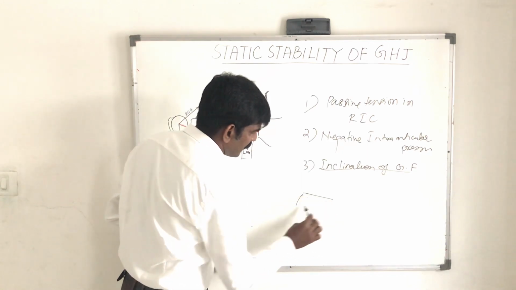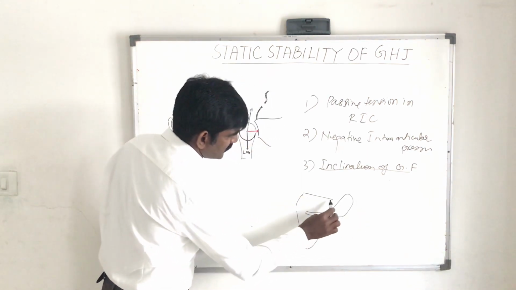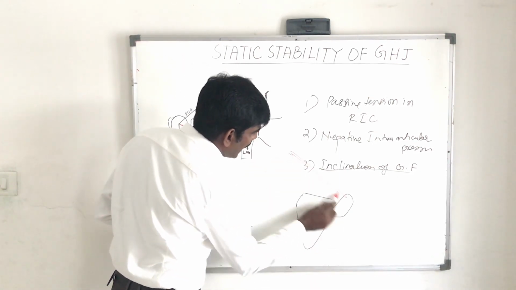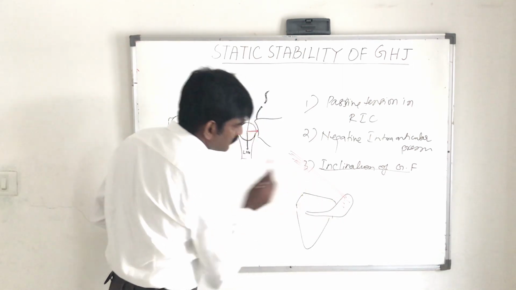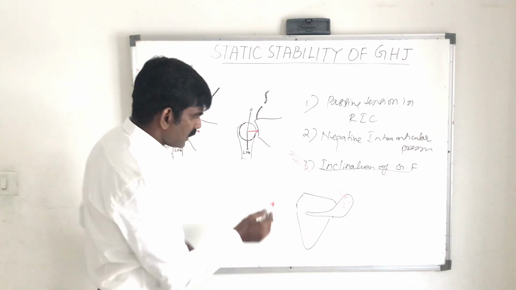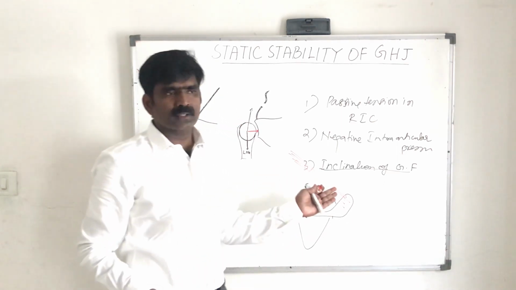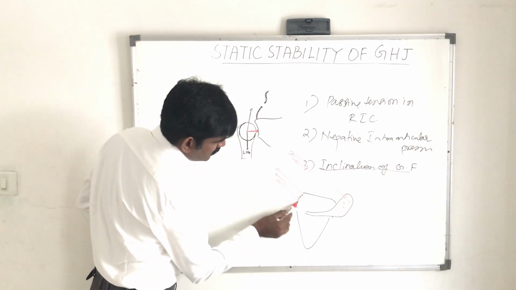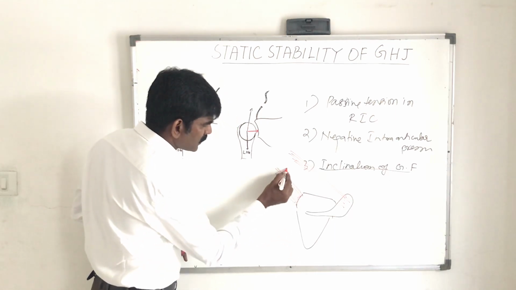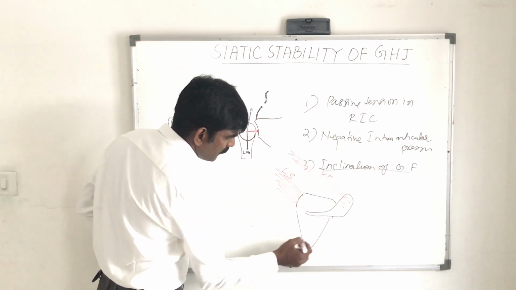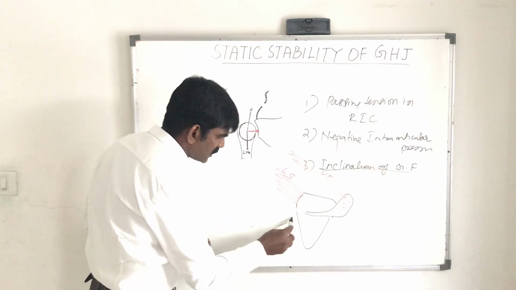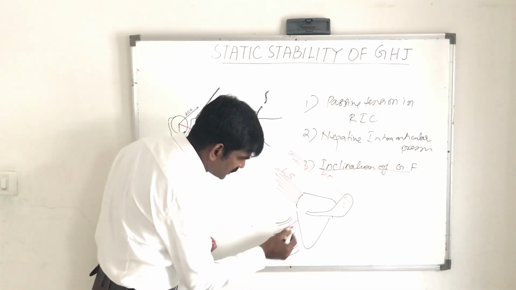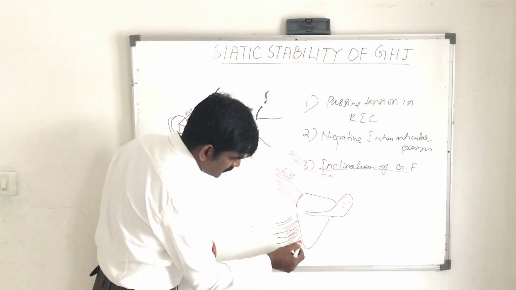If you take this as the scapula, clear, the muscles which are attached to the acromion process, you can take an example, upper trapezius, and the muscles attached to the medial border, this is levator scapula, this is upper trapezius, and you know the serratus anterior takes origin in the ribs and is attached to the medial border of the scapula. Clear? So this is serratus anterior.